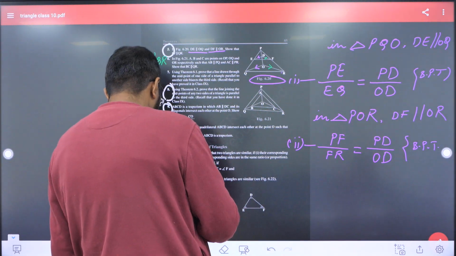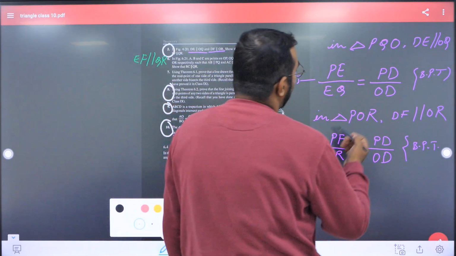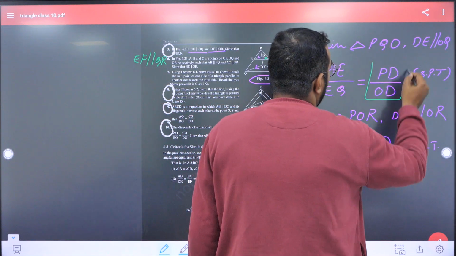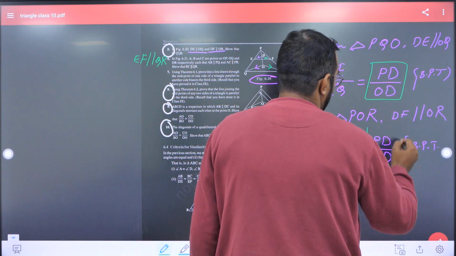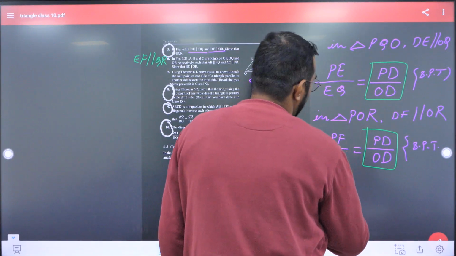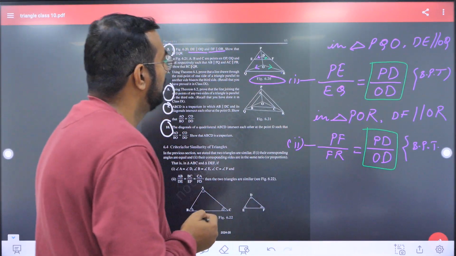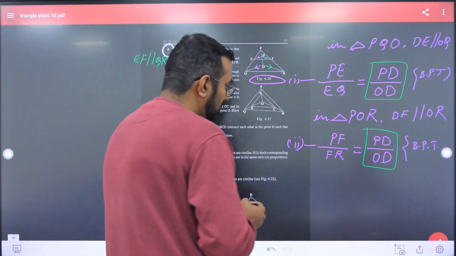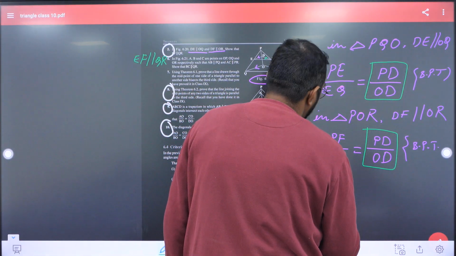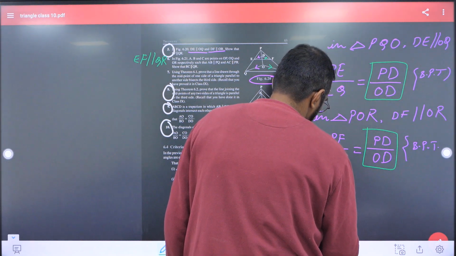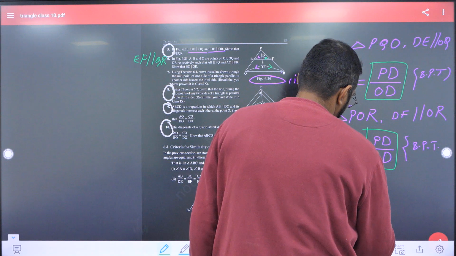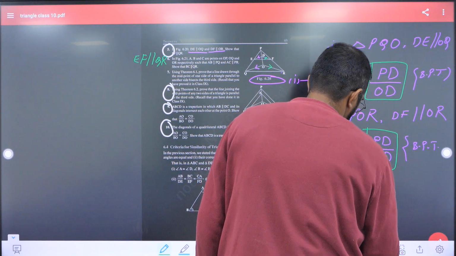Now by observing equation first and second, you can see PD upon OD is equal to PE upon EQ and PF upon FR. Right? Yes. So we can write that PE upon EQ is equal to PF upon FR.